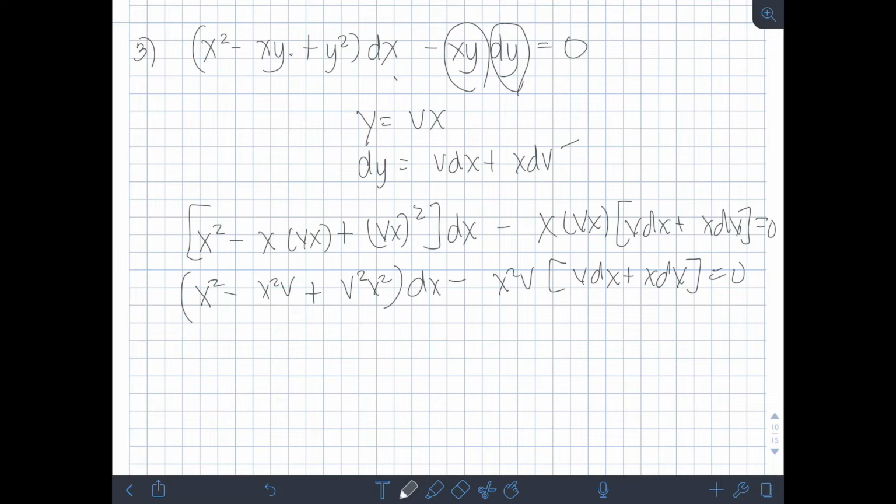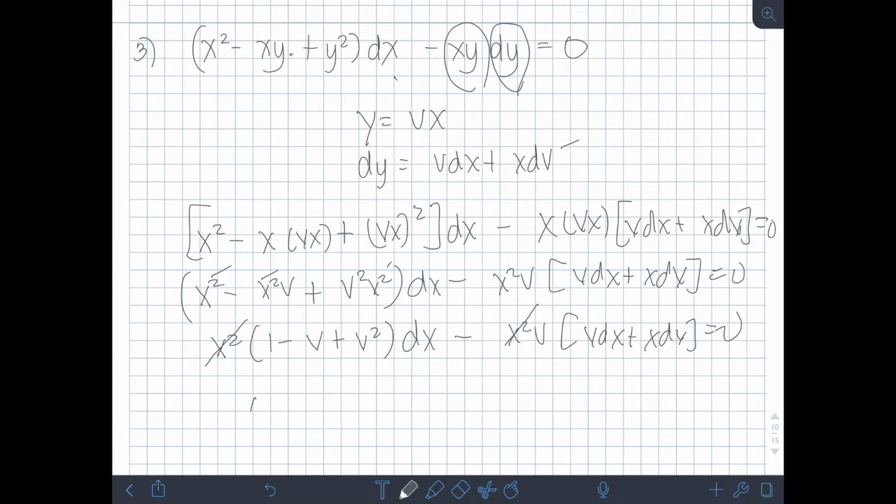So, factor out natin itong x squared dito. Magiging x squared times 1 minus v plus v squared dx minus x squared v times v dx plus x dv equals 0. So, pwede natin makancel tong x squared.